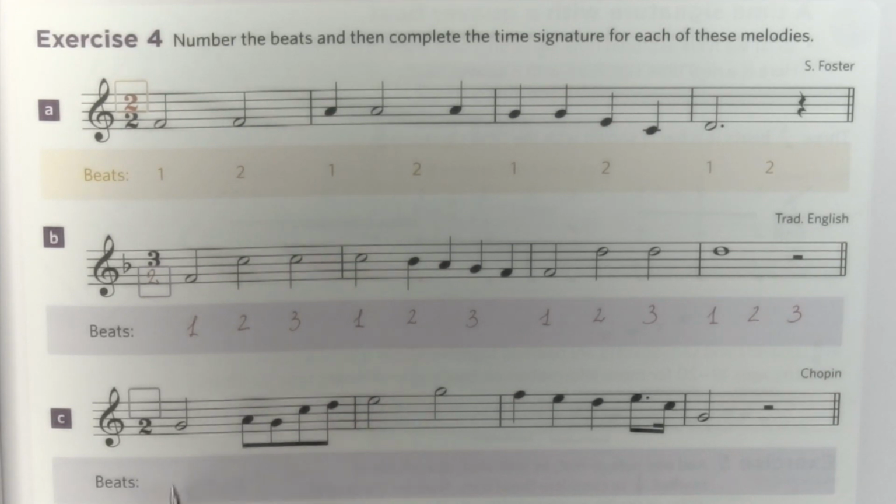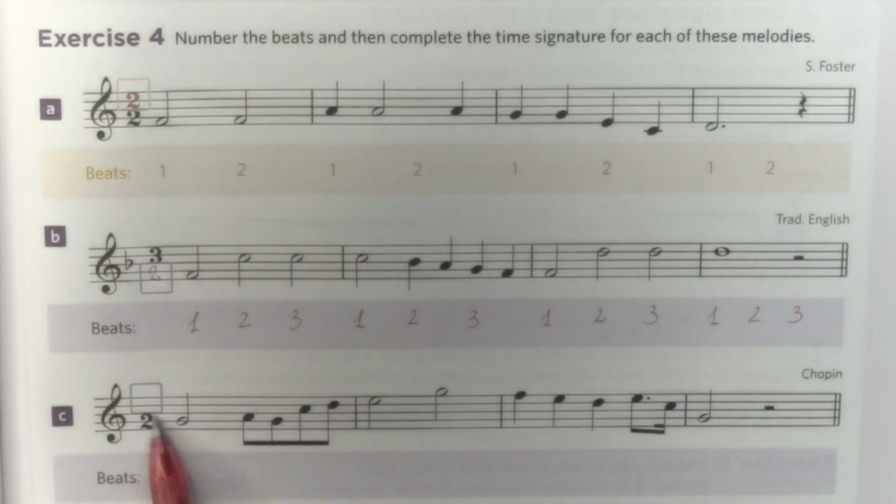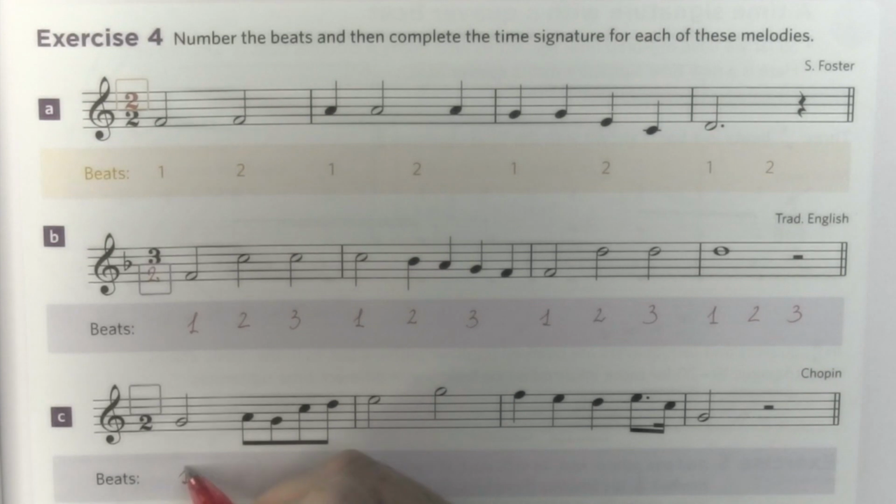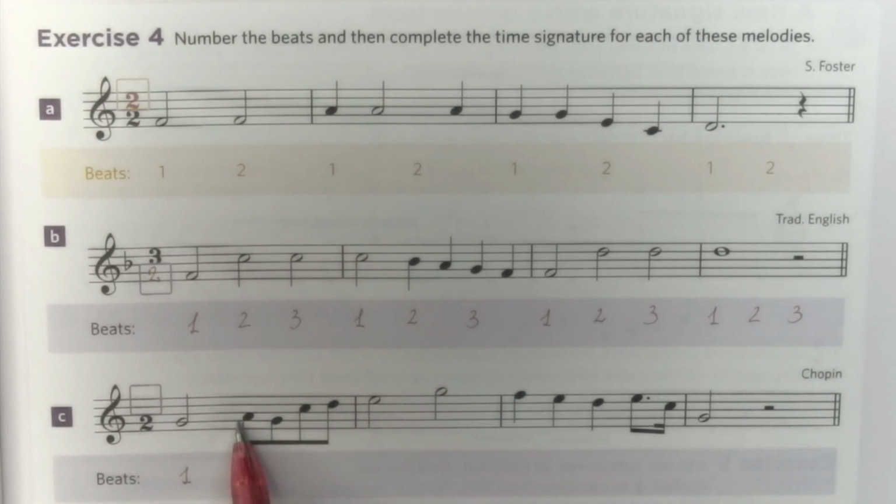Next one. How many minims? This is what it means. Okay, let's see. One is here and another one is here. Now, if you don't remember that 4 quavers equals 1 minim, you can always go backwards and say, okay, 2 quavers equals 1 crochet.